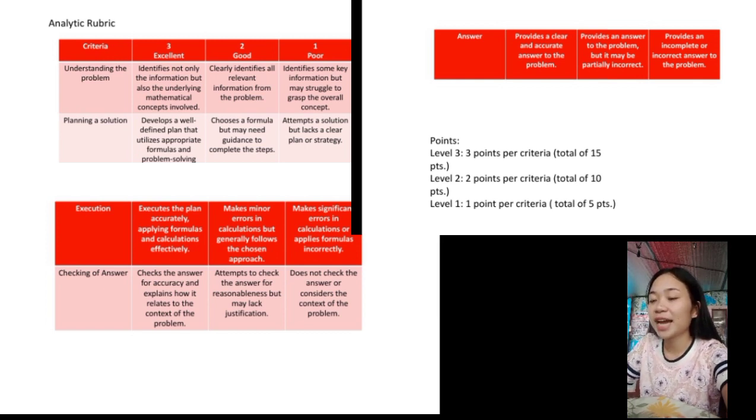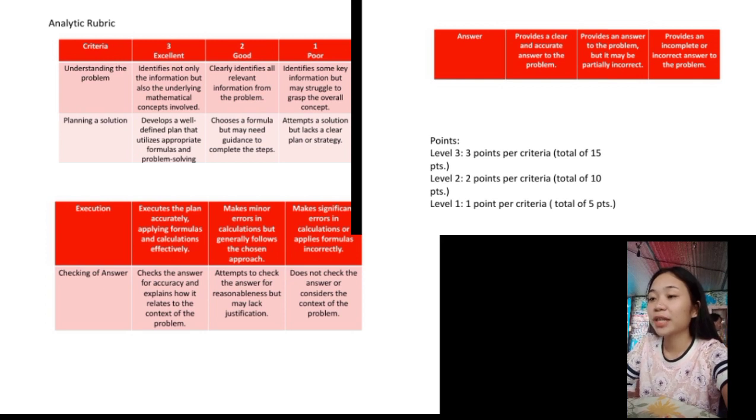Next we have the criterion, the answer. If the student provides a clear and accurate answer to the problem, she or he will get 3 points. The student will get 2 points if they provide an answer to the problem that may be partially incorrect.